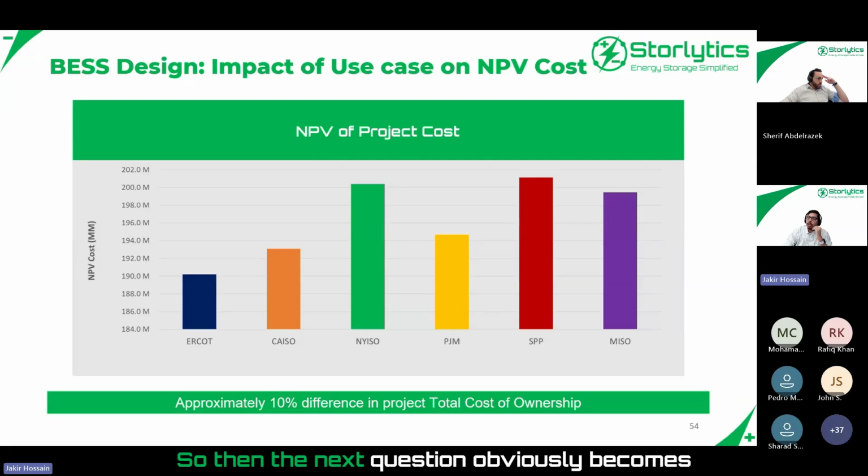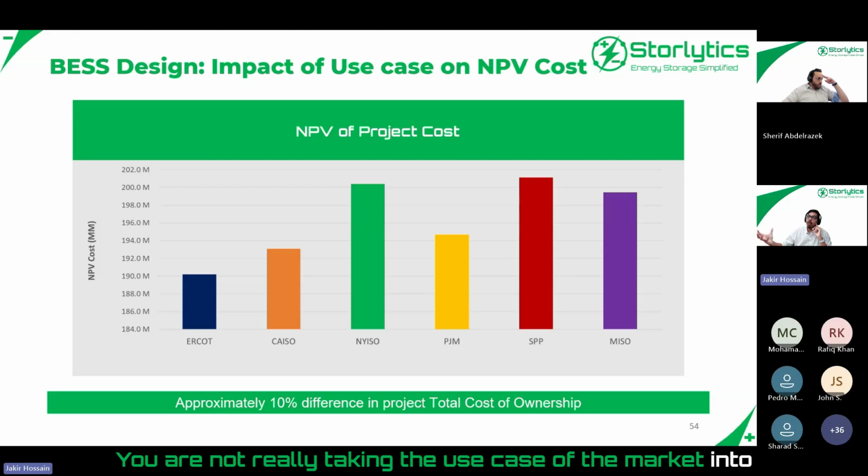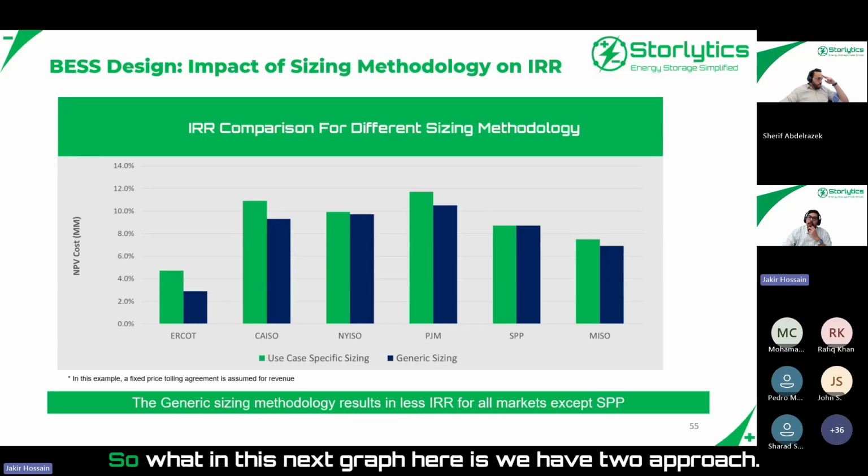So then the next question obviously becomes, how does that impact our IRR? And how do we gain efficiency compared to the current practice? Because right now, everywhere you're going, you're just trying to buy a 1 cycle per day battery. You're not really taking the use case of the market into account when you're trying to purchase that battery. So in this next graph, we have two approaches.